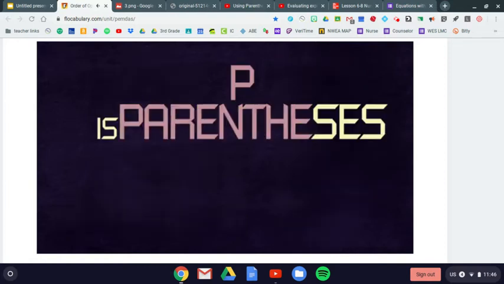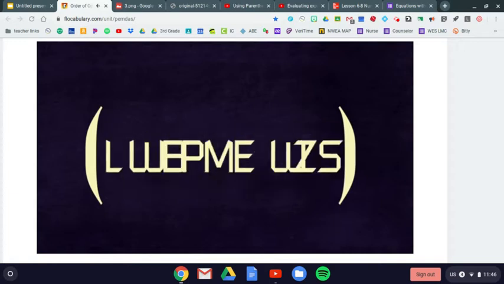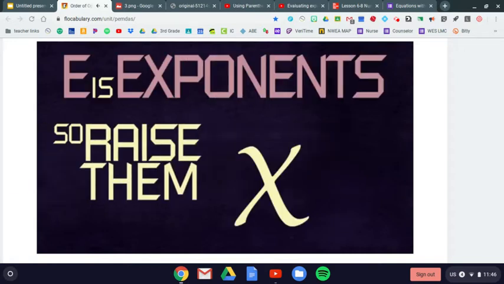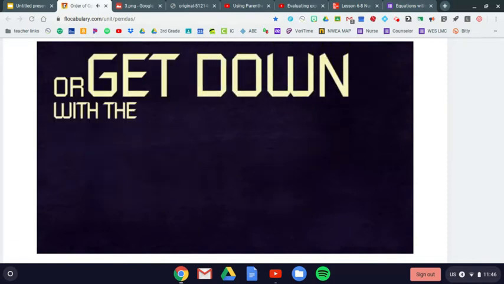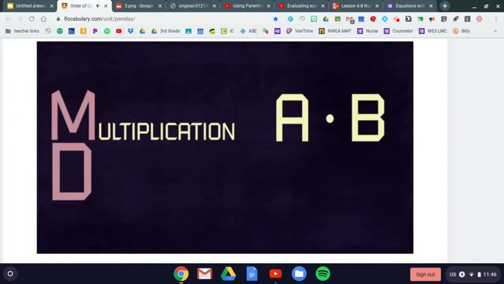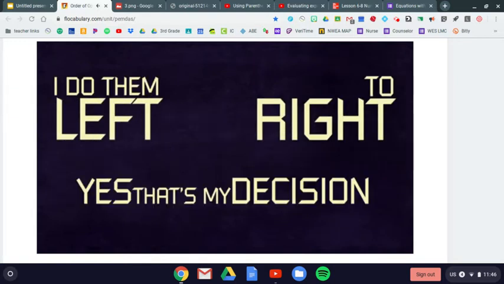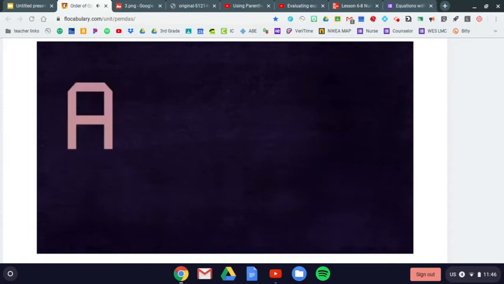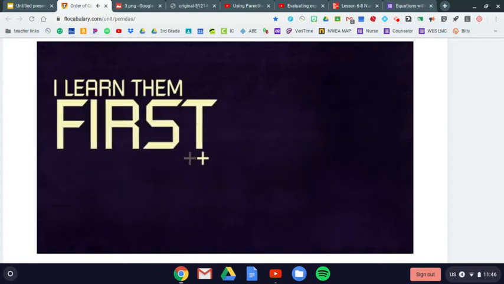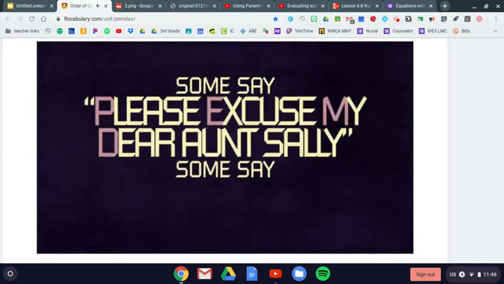P is parentheses, search for them first. Whatever is inside them, you need to do the work. E is exponents, so raise them up. MD, multiplication and division, I do them left to right. AS, addition and subtraction. Some say please excuse my dear Aunt Sally.